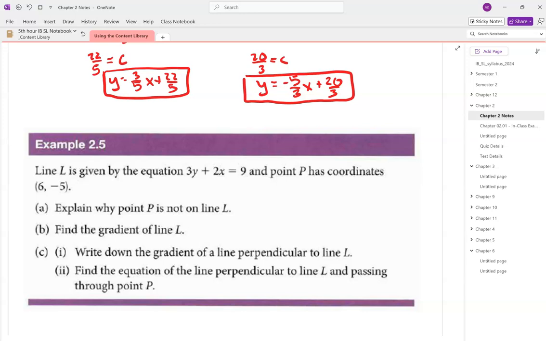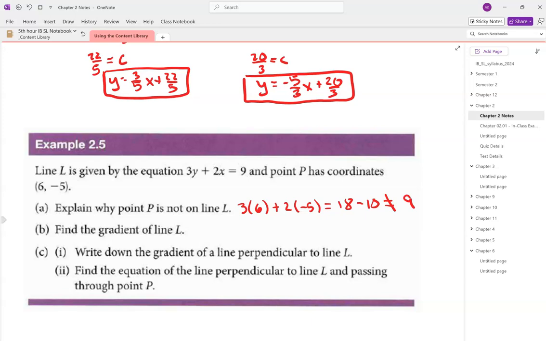Just plug it in and show that it doesn't give us 9. Exactly right. Everybody's okay? So I just plugged the point in and showed that it wasn't equal to what it's supposed to be. Good enough.